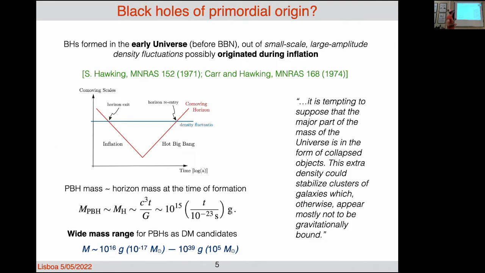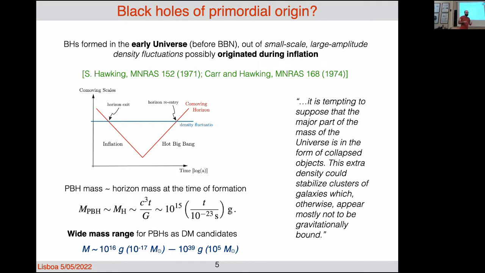And what are these objects? This would be a new class of black holes that are not of astrophysical origin, that are not formed, for example, at the end of stellar evolution. They would instead form in the very early universe, deep in the radiation era during the first second of the life of the universe, and they should originate out of small-scale, large-amplitude fluctuations that are much smaller than the ones that give origin to structure, typically originated during inflation.